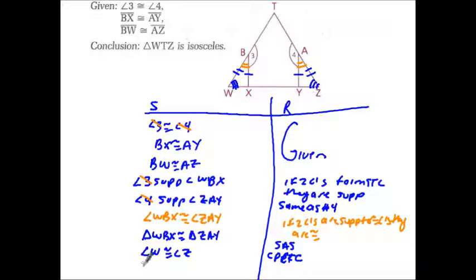So I'm going to say triangle WTZ is isosceles. The reason is if a triangle has two congruent angles, it's isosceles. Beautiful.